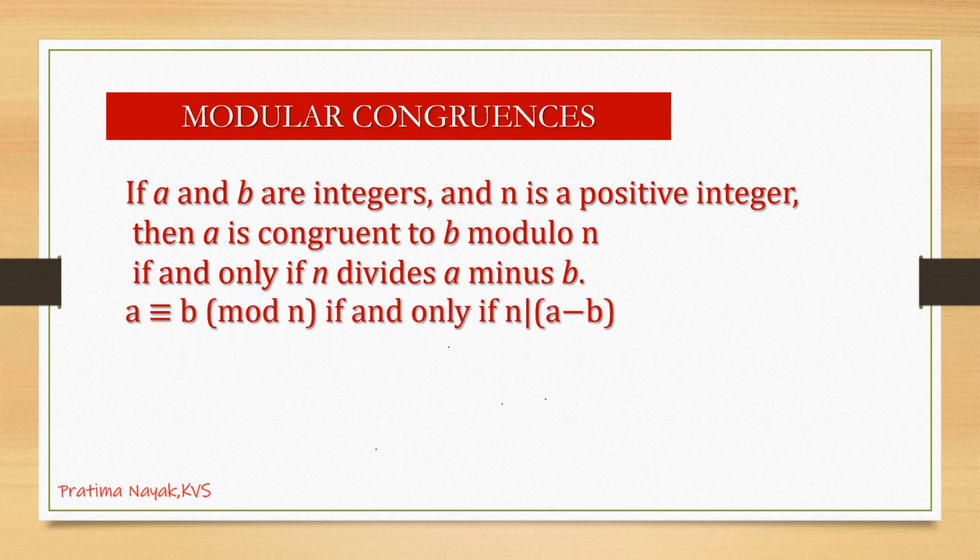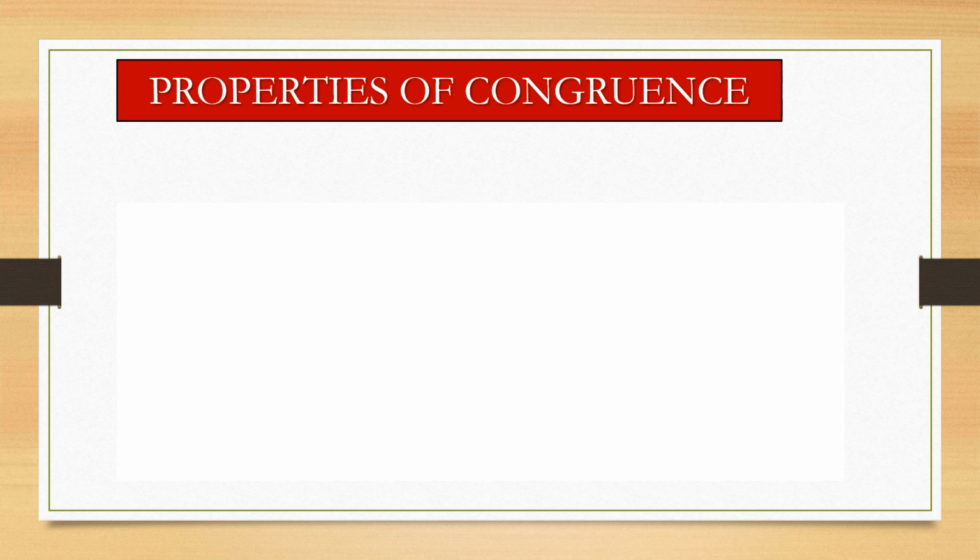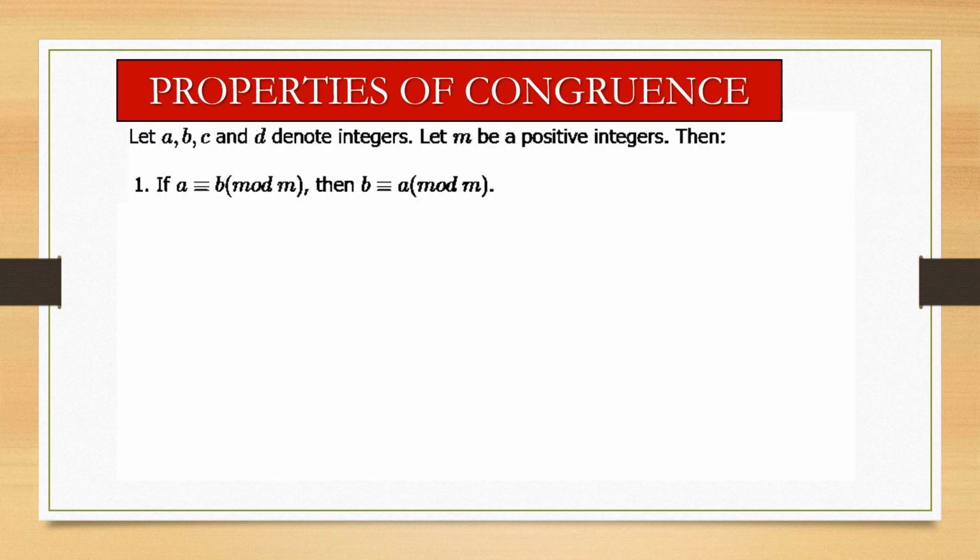So this is the symbol: a congruent to b modulo n if and only if n divides a minus b. Now let us see what properties we can use for congruences to find the residue.